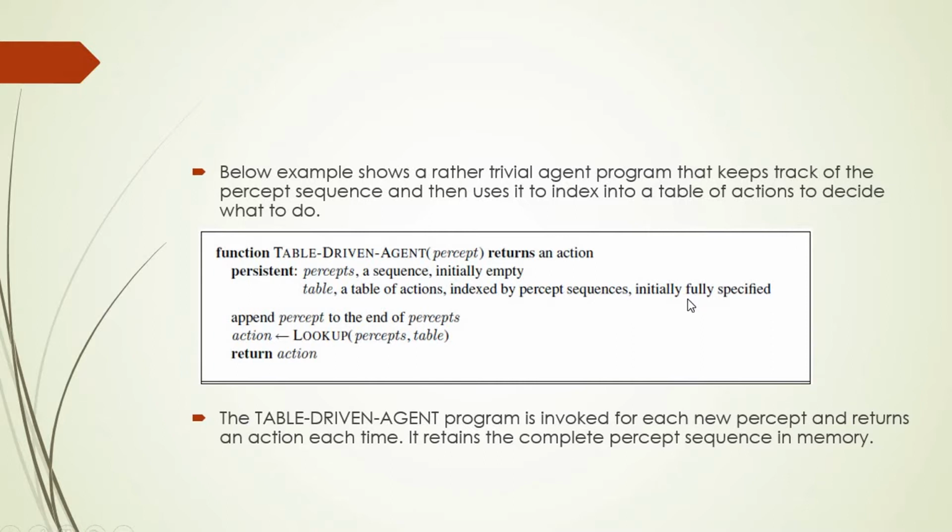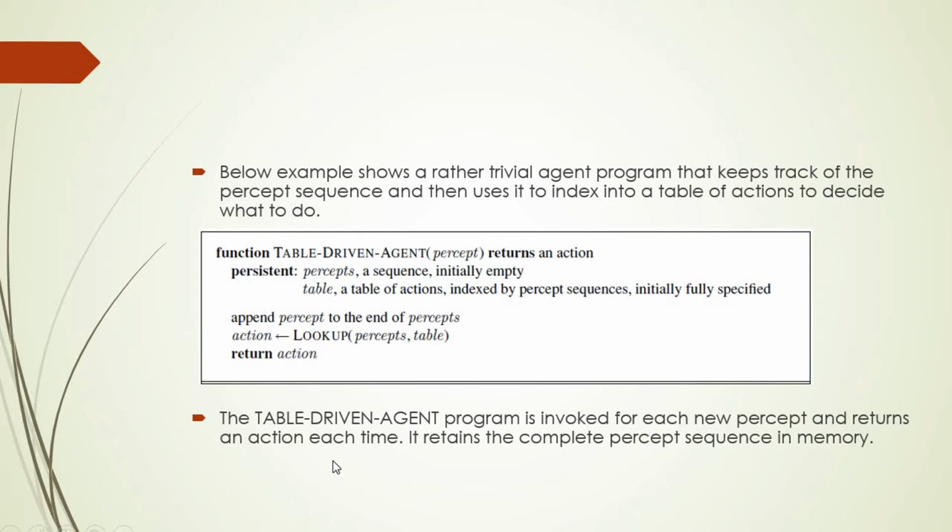The table is initially fully specified by the designer, like the previous table in the previous slide. So within the function, you append the percept to the end of the percept sequence, and you look up the action from that table which we talked about. This is a simple skeleton, and you can see that at the end of the function it returns what? The action.